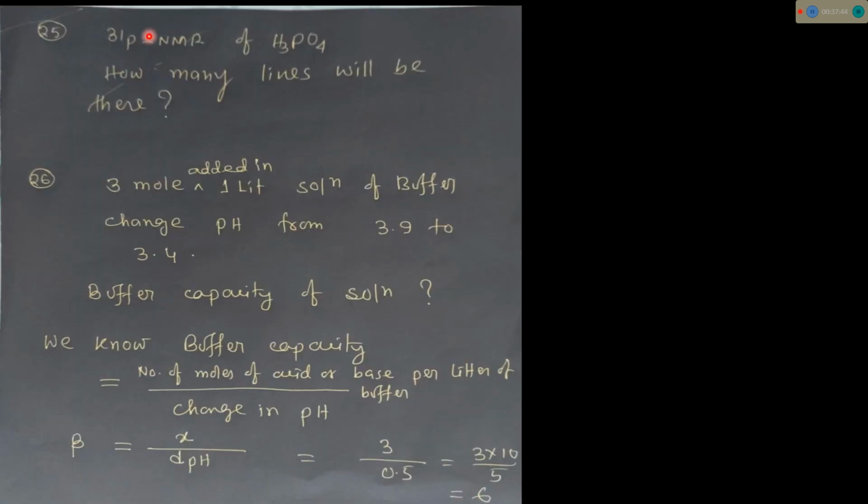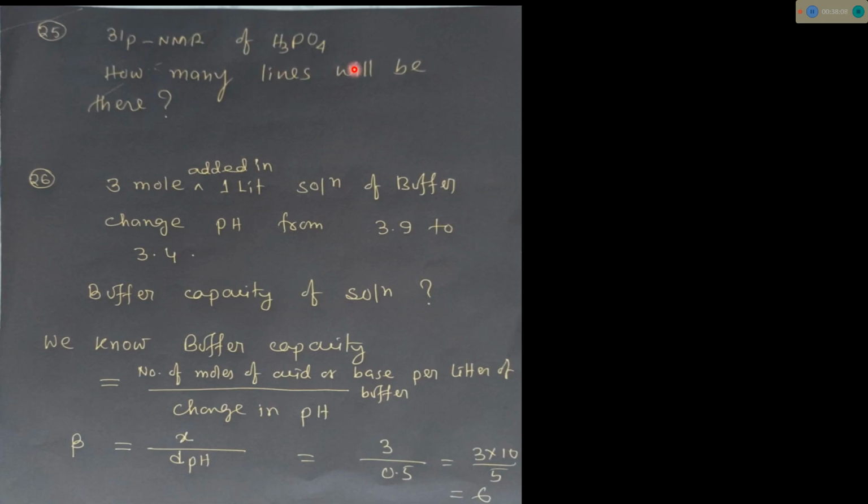The question was 31P NMR of H3PO4. In the 31P NMR of H3PO4, how many lines will be observed? Only one line will be observed because there is only one phosphorus atom. So one peak.